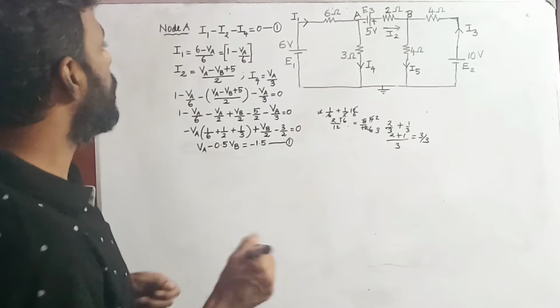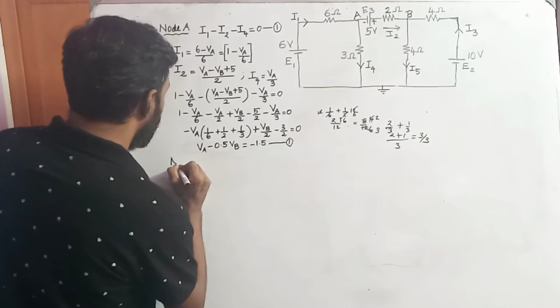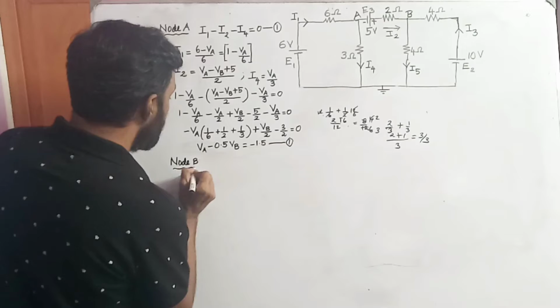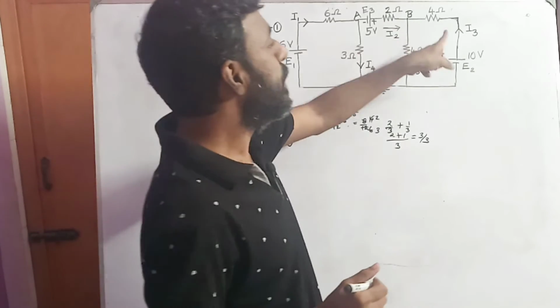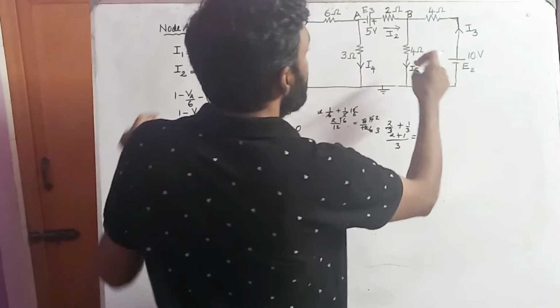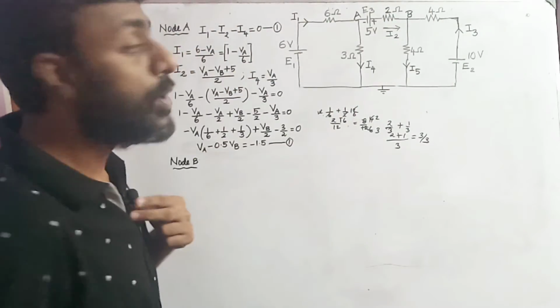So now I'm going to consider node B. For considering node B, here again I need to follow Kirchhoff's current law. So I2 and I3 are incoming currents and I5 is the outgoing current.